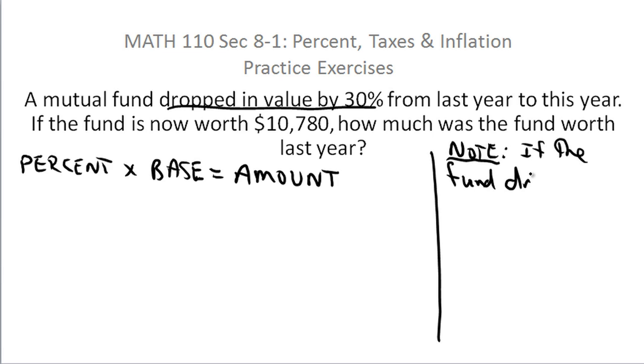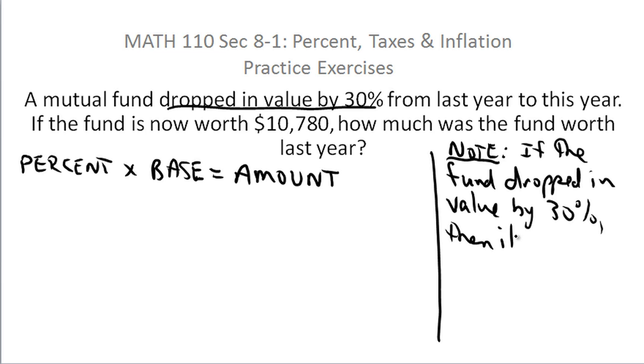If the fund dropped in value by 30%, what that means is it is now worth only 70% of its previous value.